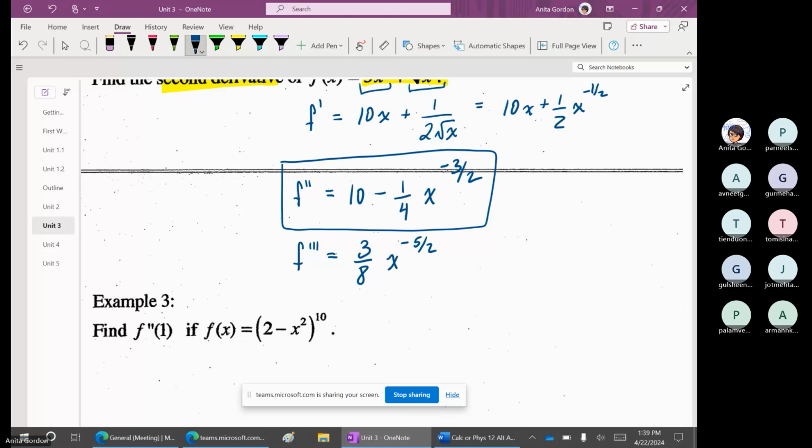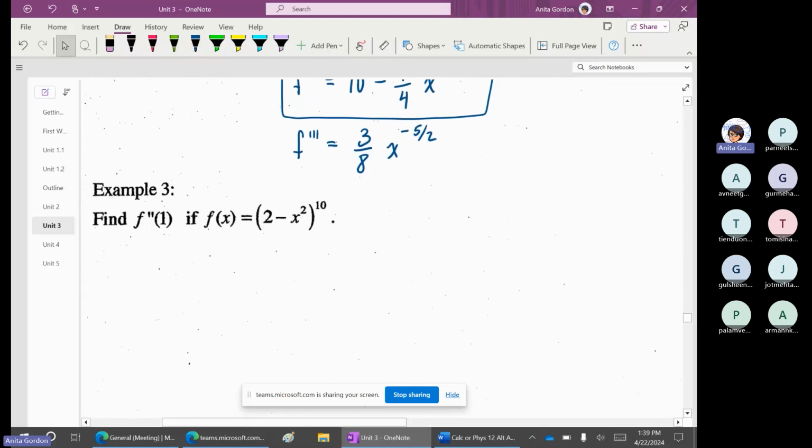Right, and we can do the 4th and the 5th and the 6th. As long as we understand how the rules work and we don't end up with just a constant, we can keep going. Sometimes you have an equation where you can just keep going forever and ever. Sometimes it repeats itself. Sometimes it goes to 0 because you just end up with a constant at some point.